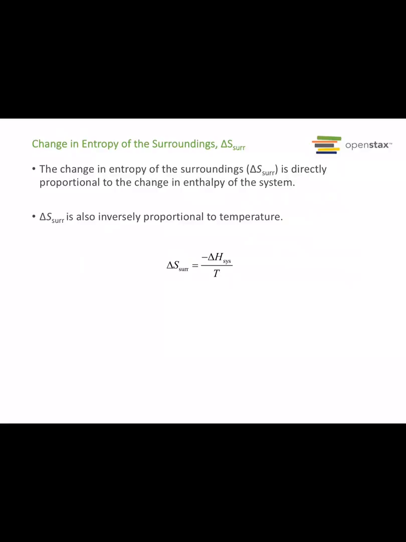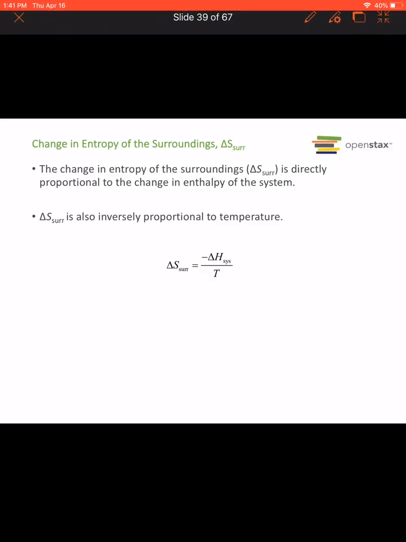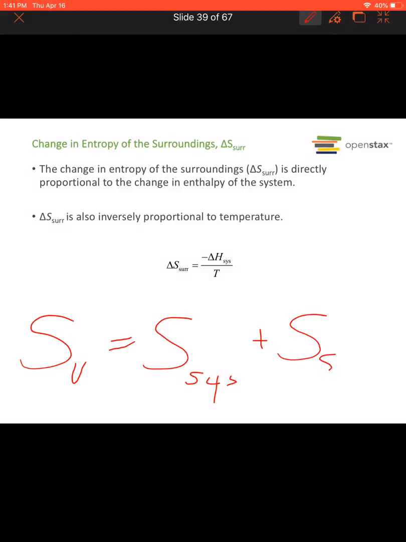So we know that in order for delta S of the universe to be greater than 0, right, because we just said that delta S of the universe is greater than 0 for spontaneous reactions, we have S of the universe equal to S of the system plus S of the surroundings.